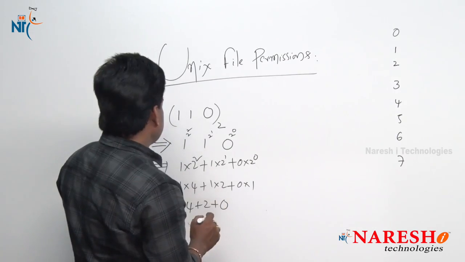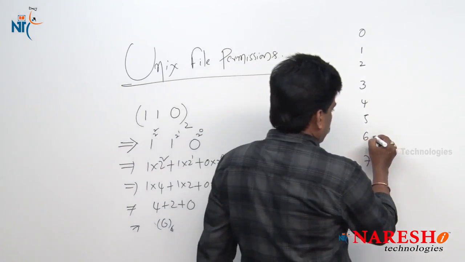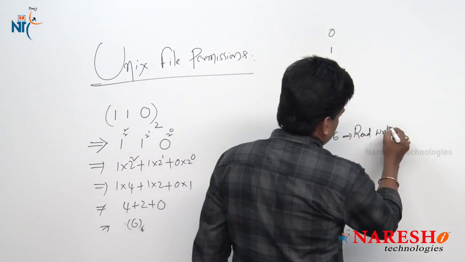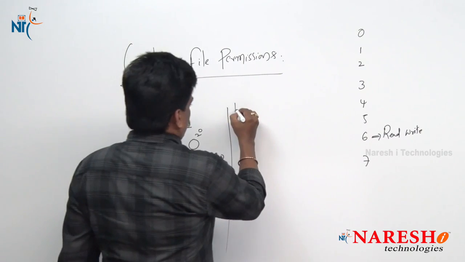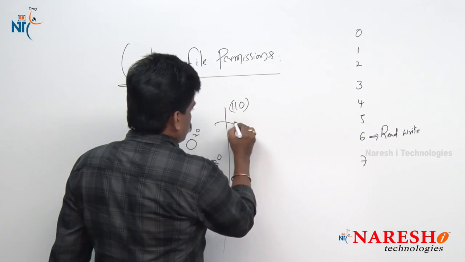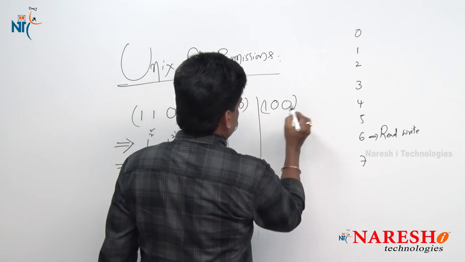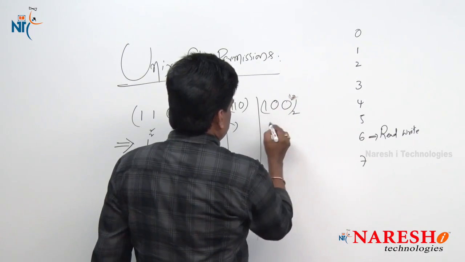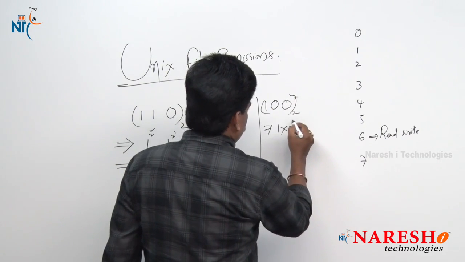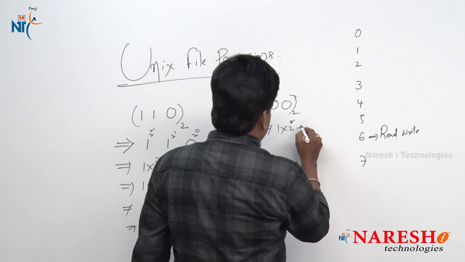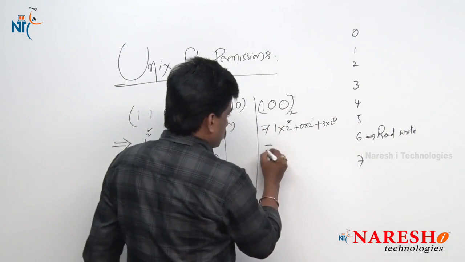So whenever you get 1, 1, 0, it indicates read and write permissions. Again, the group also has 1, 1, 0, so same. Next one, 1, 0, 0 is available. We write 1 into 2 to the power of 2 plus 0 into 2 to the power of 1, plus 0 into 2 to the power of 0.